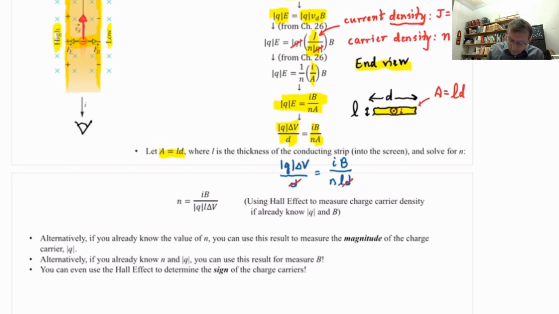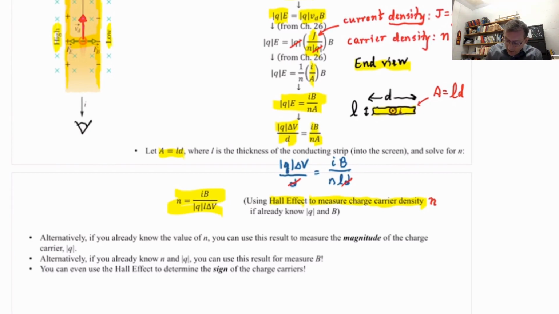When you do that, you get n equals IB over the absolute value of Q times L times delta V. And what you've got is a way, using the whole physics of what's going on here, which is called the Hall effect. And so we're using the Hall effect to measure the charge carrier density, little n.